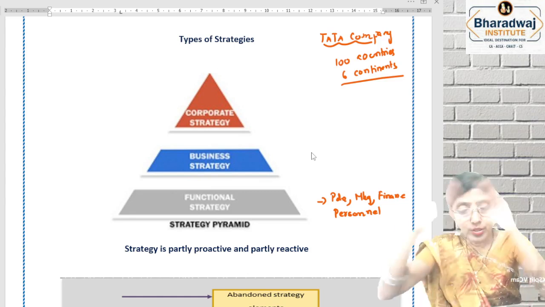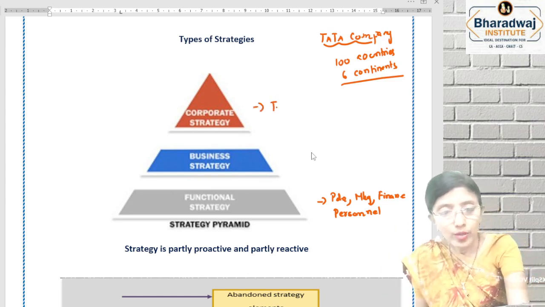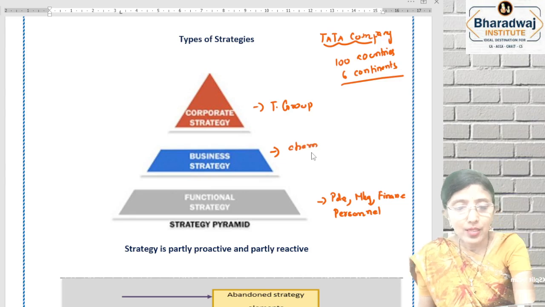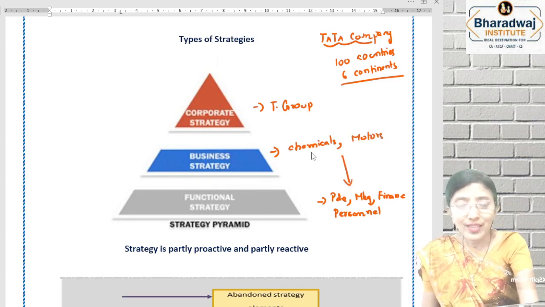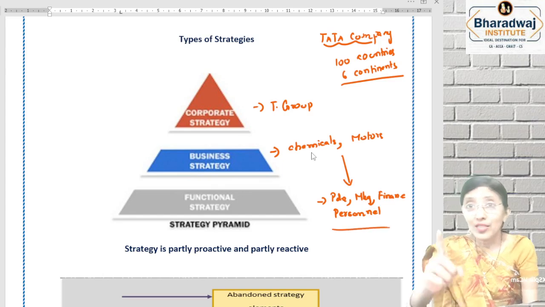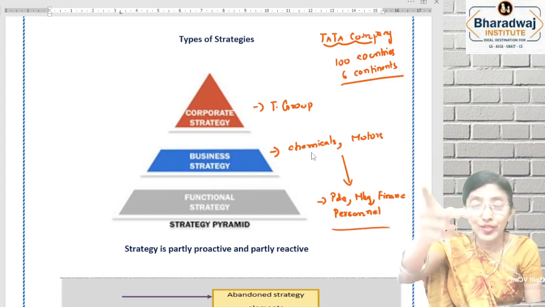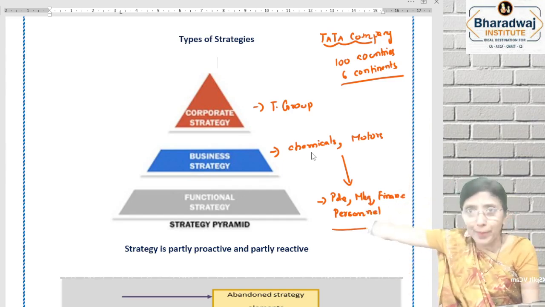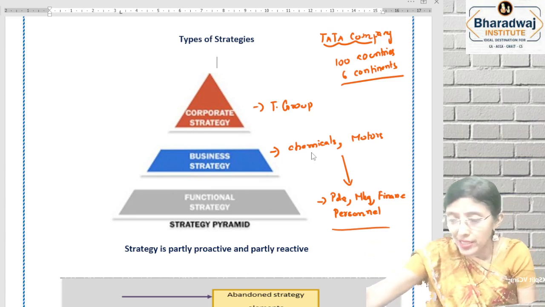Now, the entire Tata group will come here. Each business like chemicals or say Tata Motors will come here, followed by the functions which have to perform. This is what is called an enrichment of an essay type question. Write a line or 2 of an empirical example which impresses the examiner and is some mark scoring tip.